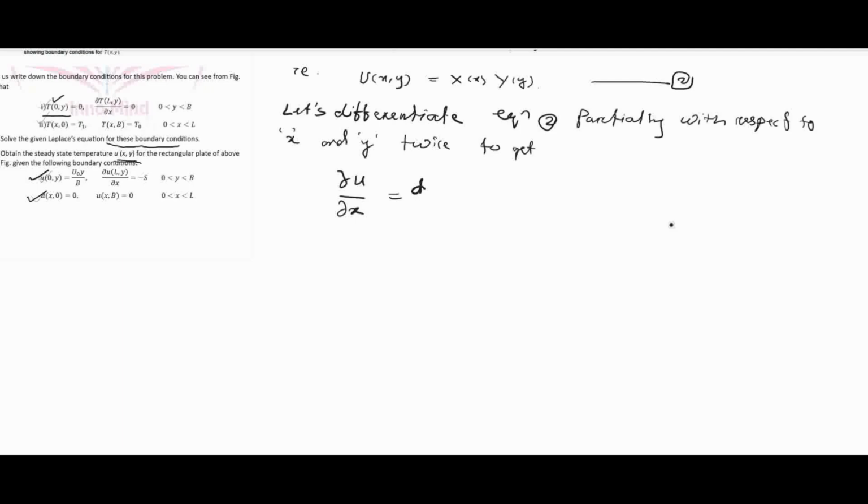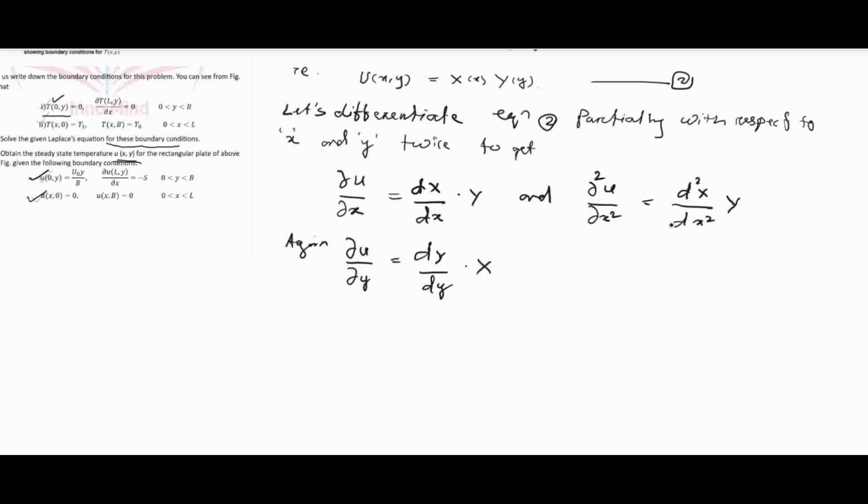So we will get dX by dx into Y, and del square u by del x square is equal to d square X by dx square into Y. Again, del u by del y can be written as dY by dy into X, and del square u by del y square can be written as d square Y by dy square into X. Let us take these equations as equation number 3.